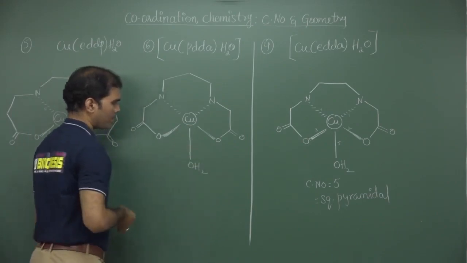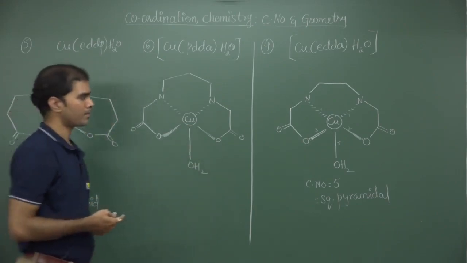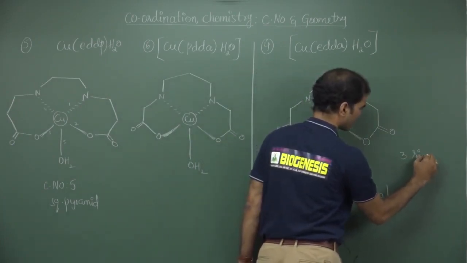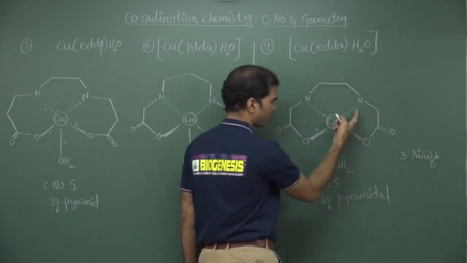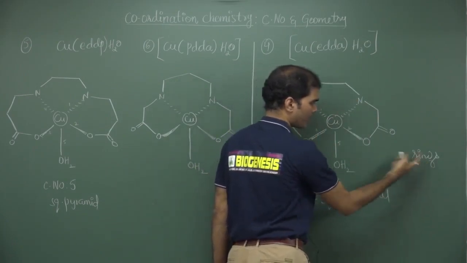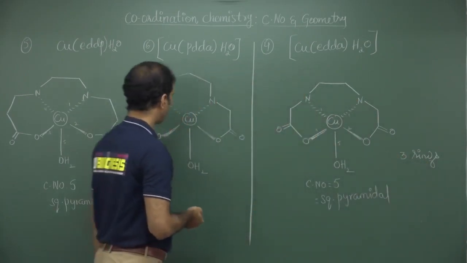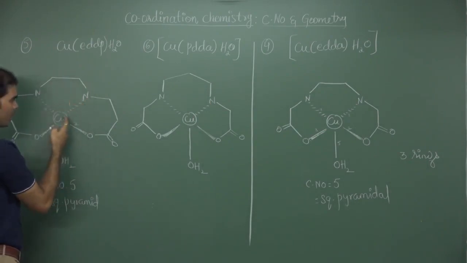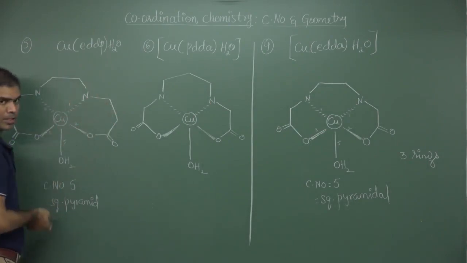Second question could be, what is the size of the ring? There are 3 chelate rings, 5 and 5 membered. All the 3 rings are 5 membered rings. In this case 1, 2, 3 chelate rings, but one is 5 membered, the other 2 are 6 membered rings.